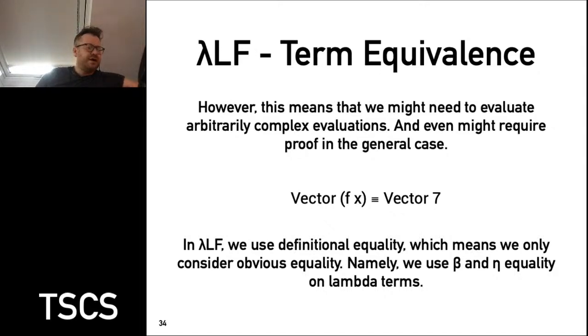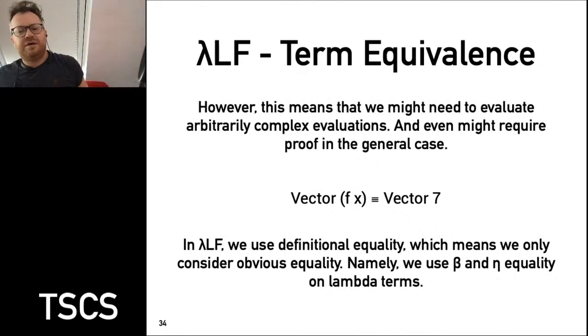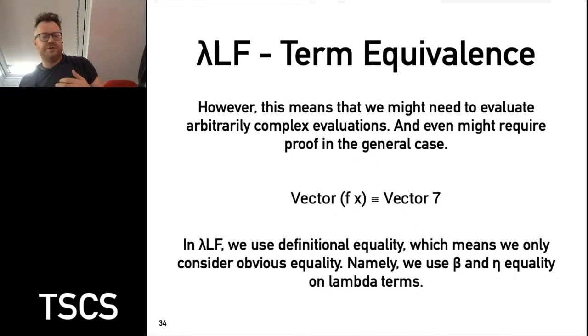So there are a few definitions of equality in lambda terms, and beta and eta equality means that you can think of it like obvious equality, like 3 plus 4. This is something that you can easily determine as such.